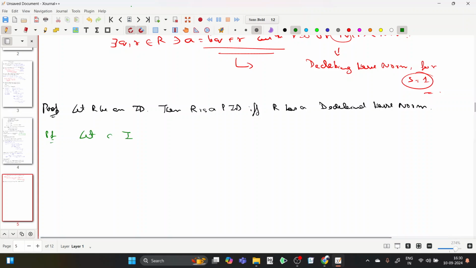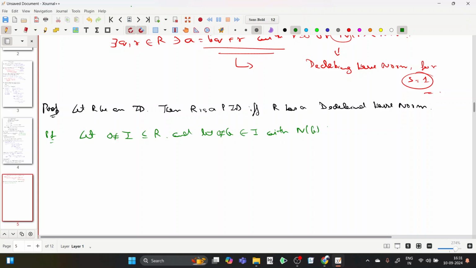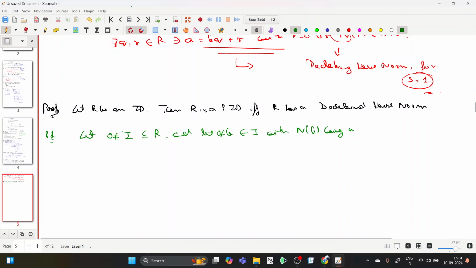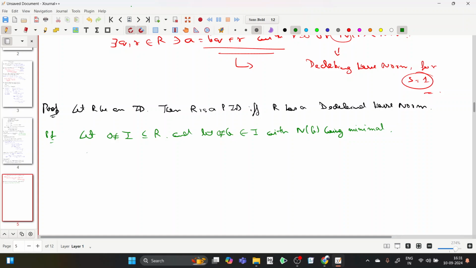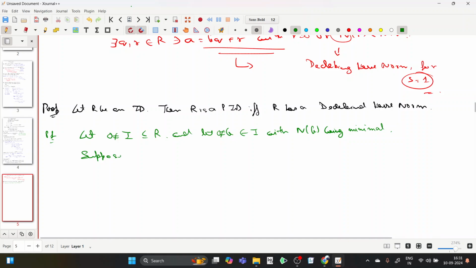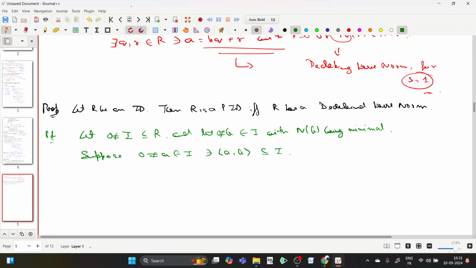Let I be a non-zero ideal of R, okay, and let B be a non-zero element of I, which now surely exists, with norm of B being minimal, okay. Suppose A is a non-zero element from I such that the ideal generated by A and B is contained in I, okay.